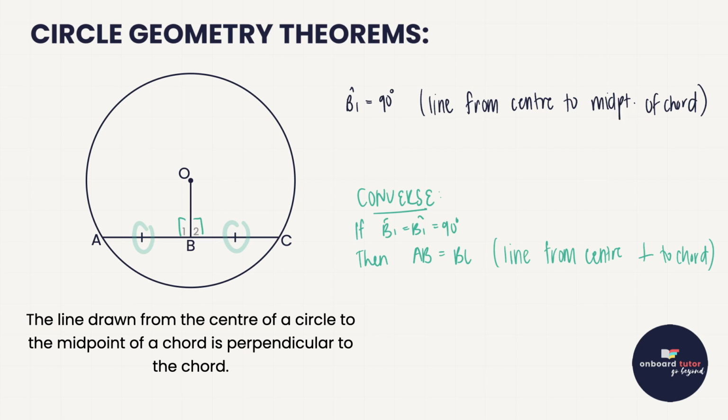If we are deducing the fact that this is the midpoint and that these two segments are equal, then our reason is line from center perpendicular to chord. So you put what you've been given. Were we given the midpoint, or were we given the perpendicular lines? Okay, so that's the first theorem and its converse.